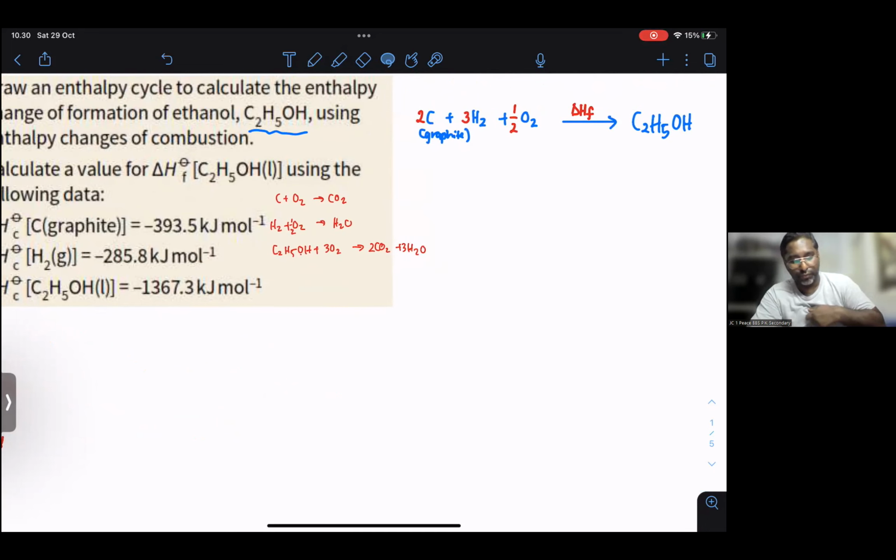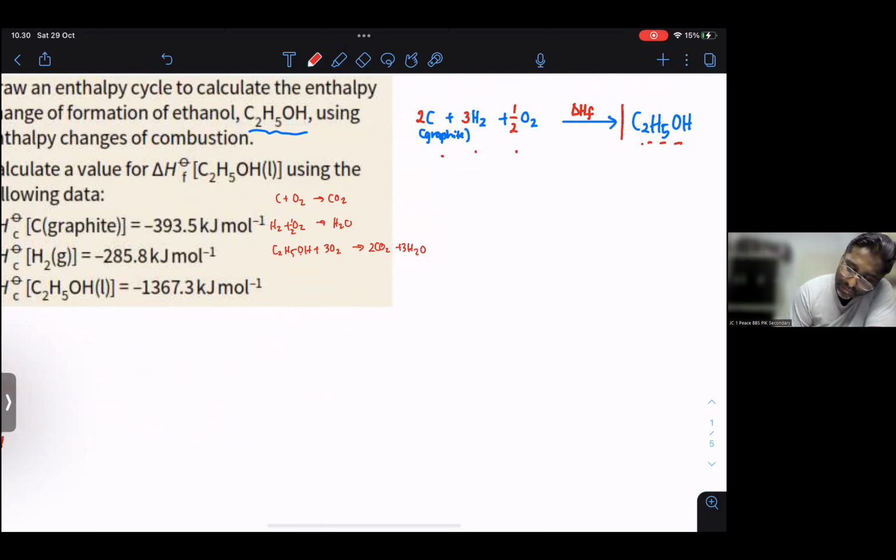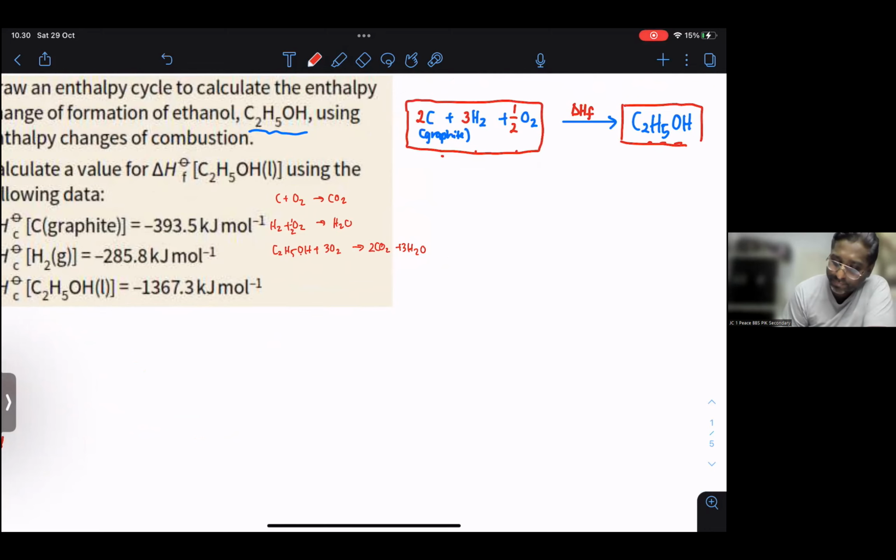So how do we do that? Let's actually start from the back, because here there are many things. If I start from the right, as I told you earlier, you put a box. It is reacting, not forming.